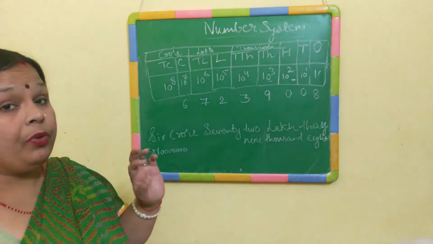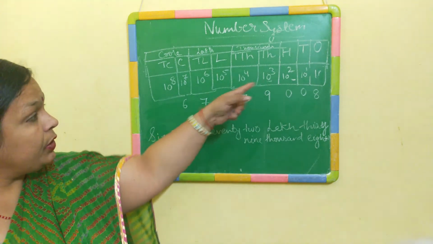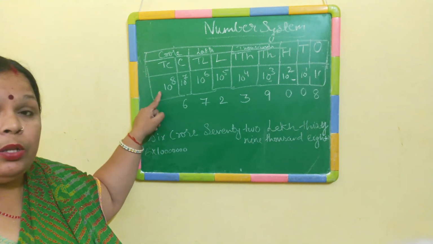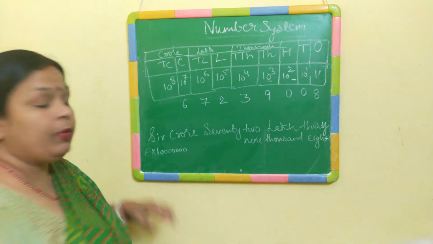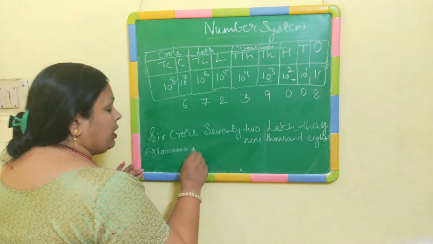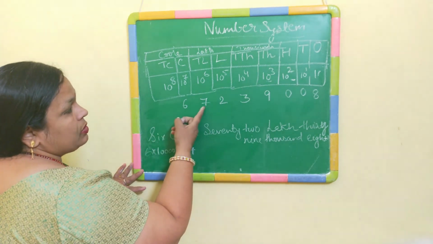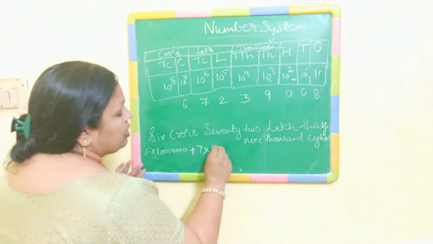Many times students get confused about how many zeros to add. So for that we need to write the place values below, which will help you write the numbers exactly, without mistakes. Then plus 72 lakhs: first 7 into 6 zeros.